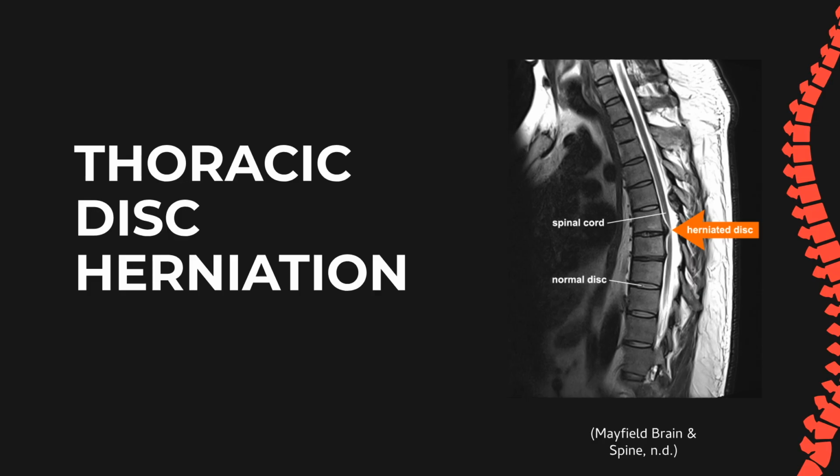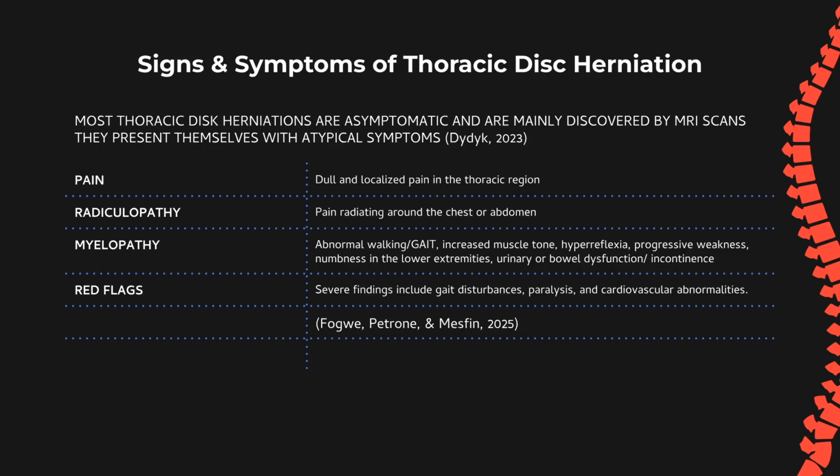Thoracic disc herniations. The image on the right just shows a herniated disc in the thoracic region. Signs and symptoms of thoracic disc herniations are mainly asymptomatic and discovered by MRI scans. They present with atypical symptoms such as dull and localized pain in the thoracic region.